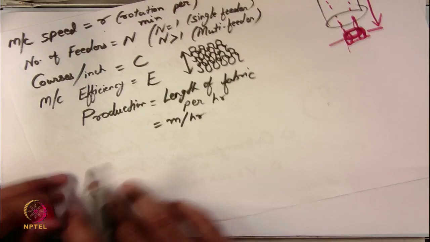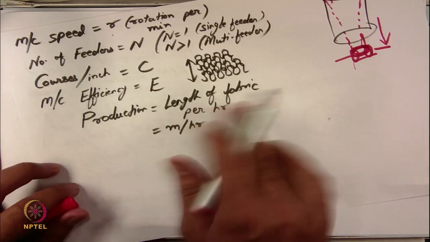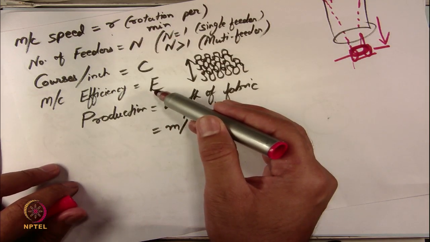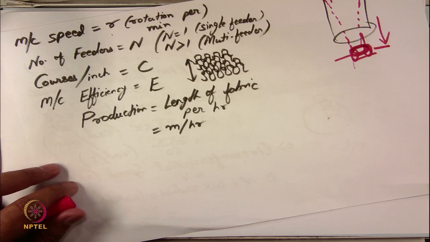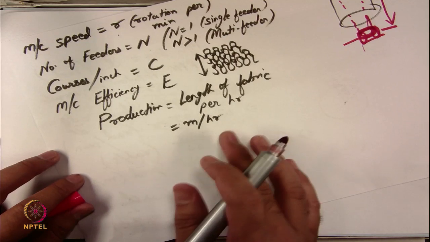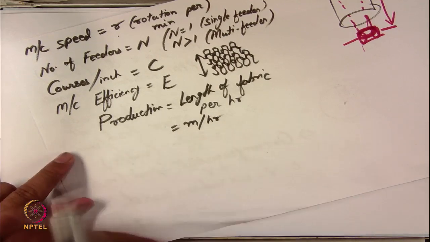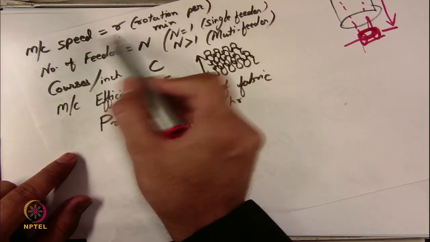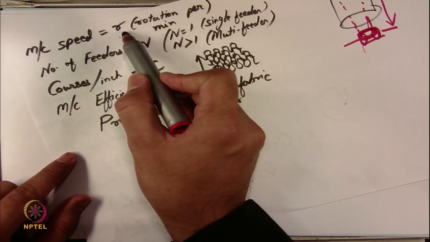So, we can relate this production length of fabric per hour with all of these variables. If you want to find out how much fabric length can be produced in an hour, you need to find out how many courses it is producing in 1 hour. We have seen machine speed is r.